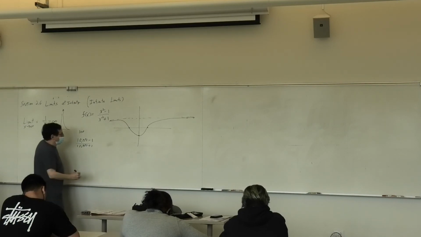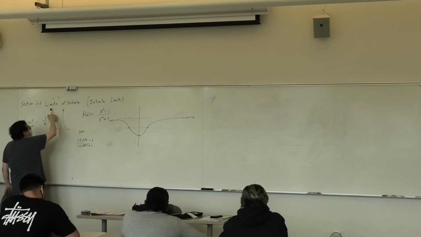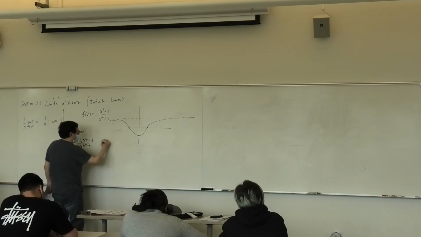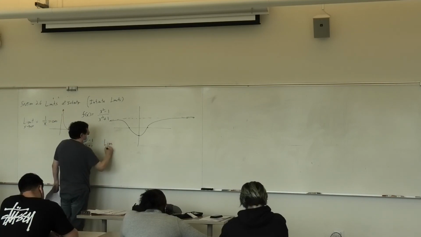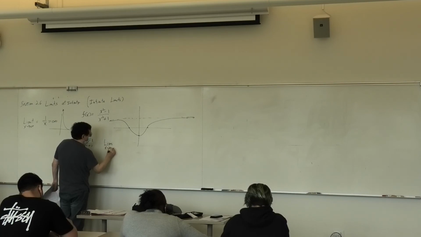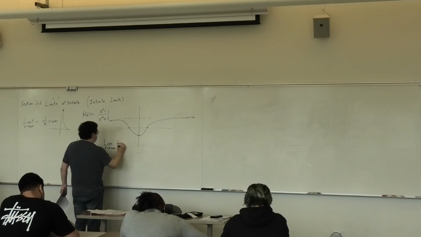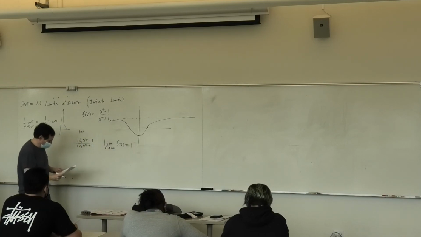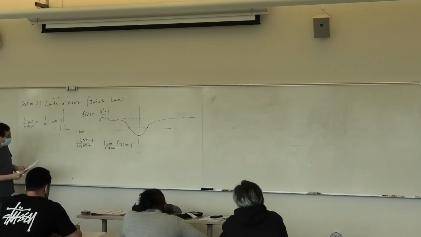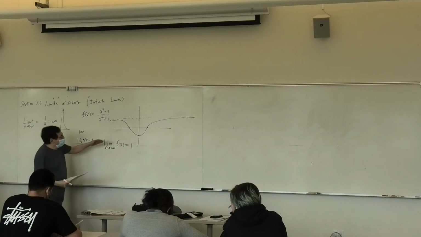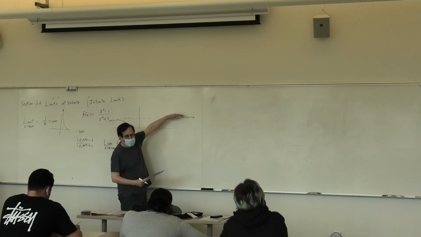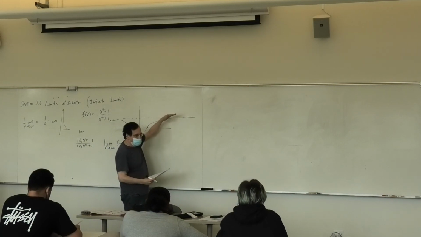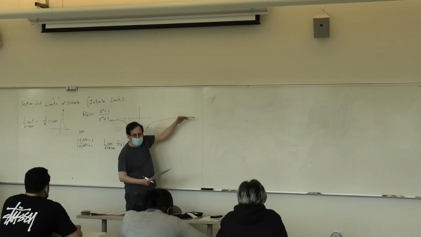So we have this notion of a limit at infinity. We would write it this way: limit as x approaches infinity of f of x equals 1. The idea is that the larger x gets, the closer we can get to some value.